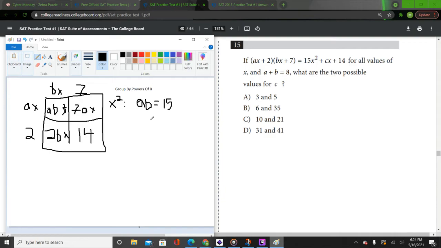I was going to hop ahead, and I will still hop ahead and do everything. So for x, we're not going to do x to the 0th power, just 1, because 14 is equal to 14. That doesn't provide us with any useful information. So you get 7a plus 2b is equal to c. Cool. Really nice.